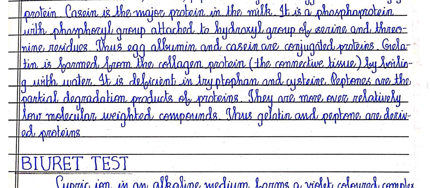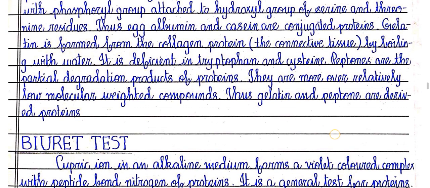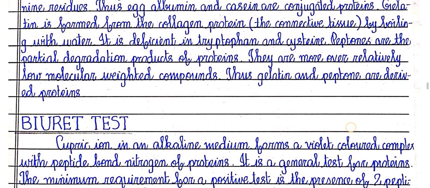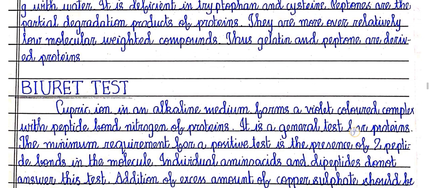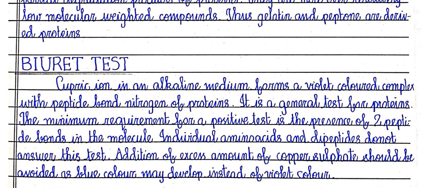It is deficient in tryptophan and cysteine. Peptones are the partial degradation products of proteins. They are moreover relatively low molecular weight compounds. Thus, gelatin and peptone are derived proteins.